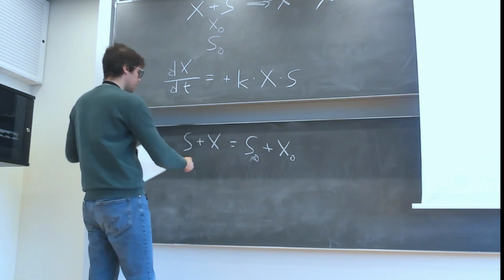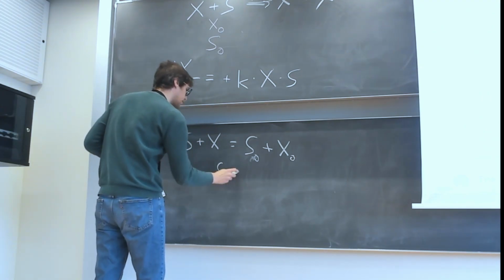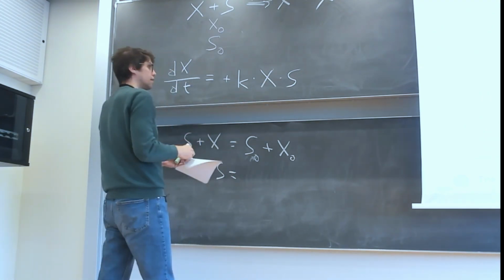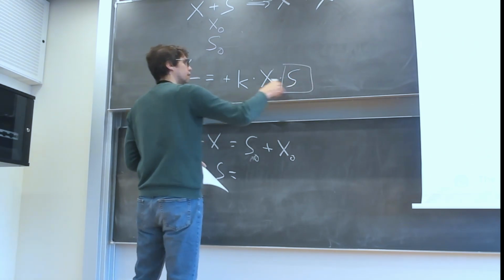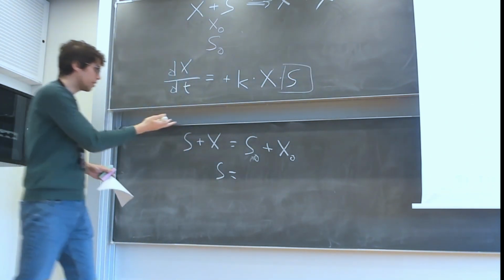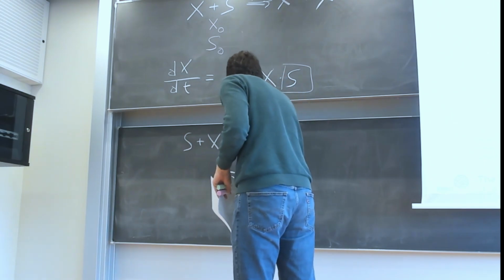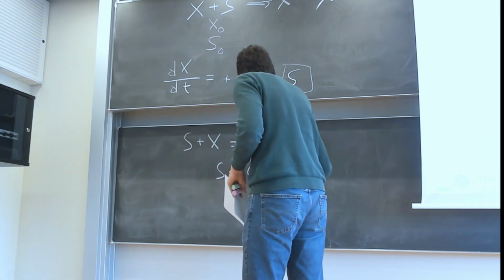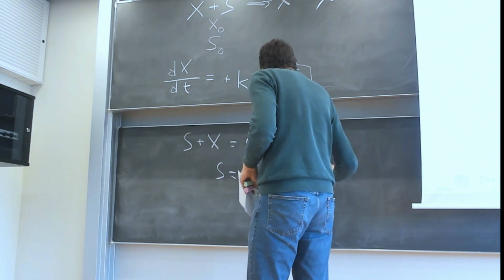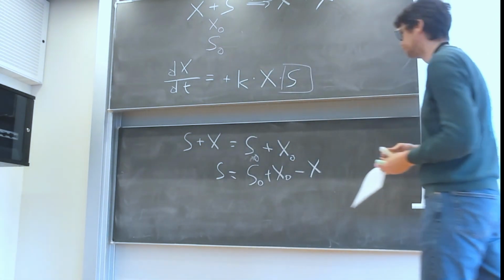And if we do that, we can replace this s by something that only depends on x and the initial values, which is just s0 plus x0 minus x at time t.